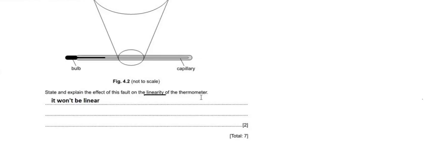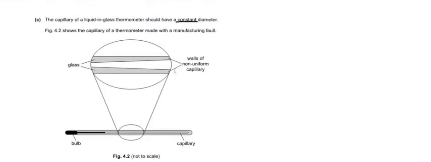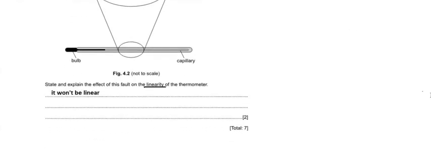So the marking will be affected. Why is it affected? Because there are different diameters of the capillary. So the thermometer is not useless in that case, it just won't be linear, and the marking has to be modified or written again so that our temperature can be measured.